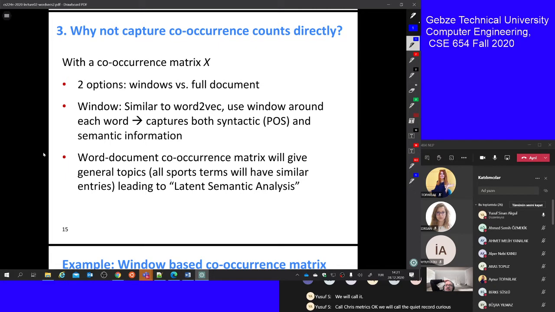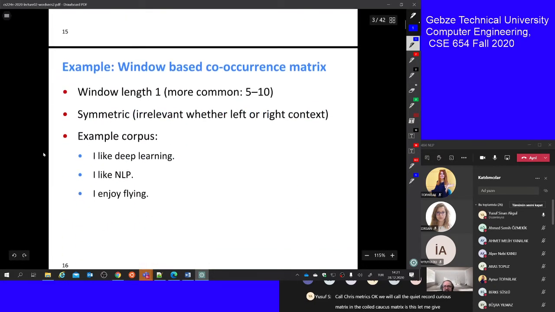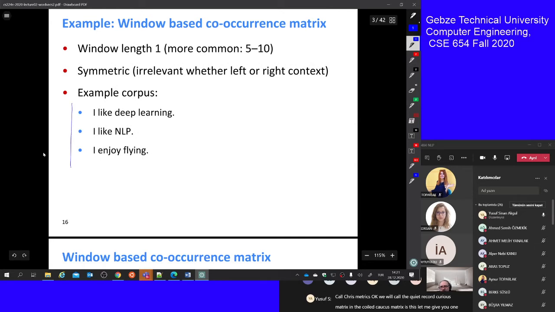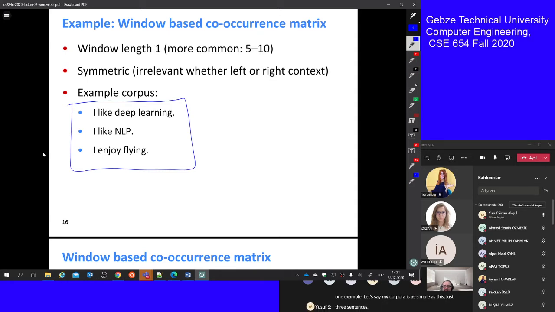Let me give you one example. Let's say my corpora is as simple as this, just 3 sentences with about 10 words in it, very, very small.